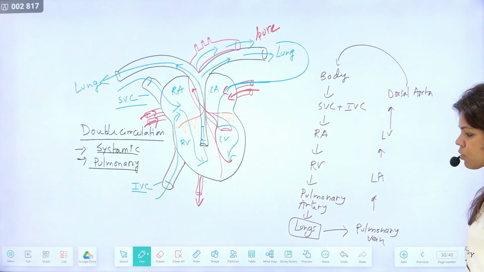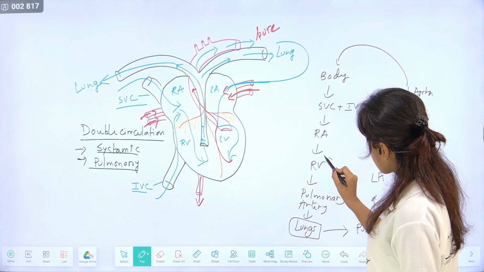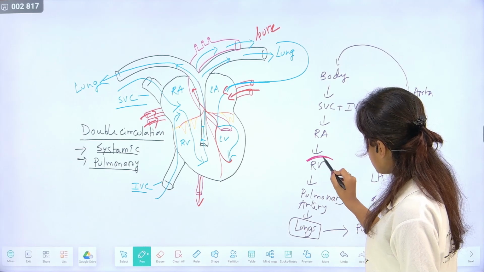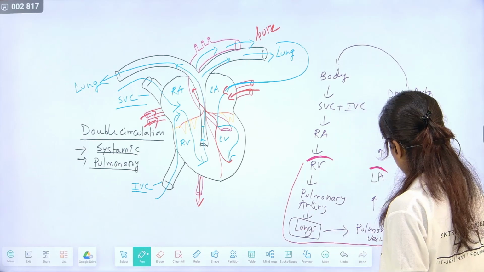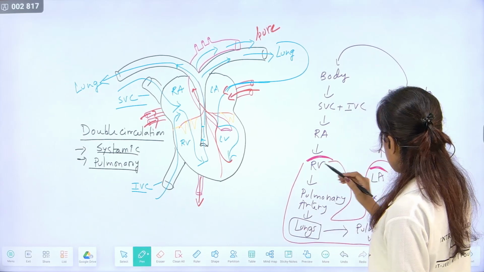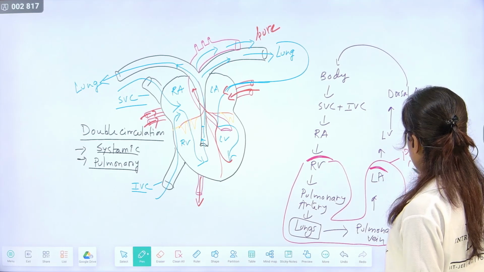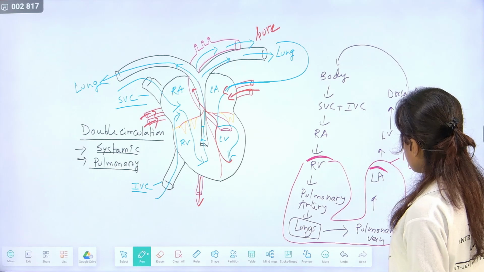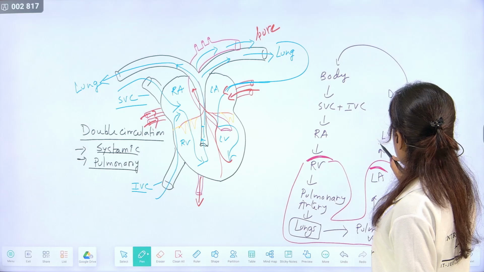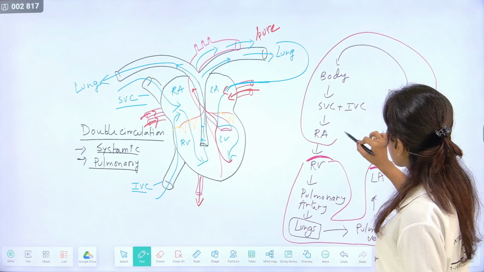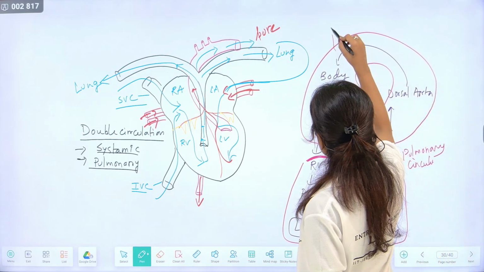So this is the pathway of circulation in which, from the right ventricle to the left auricle, this much pathway is the pulmonary circulation, where the lungs are involved, and the remaining part, from the left ventricle up to the right auricle, where the body part is involved, is the systemic circulation.